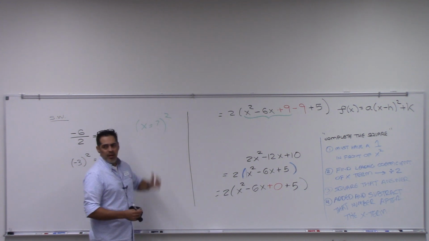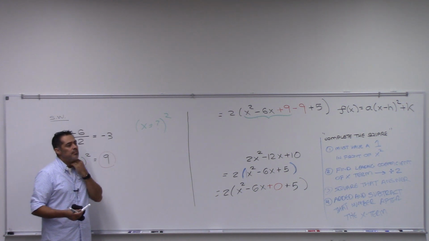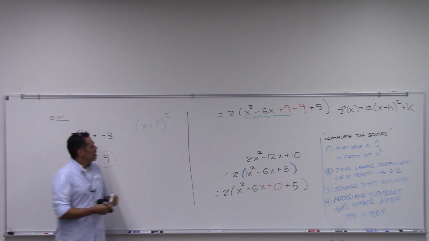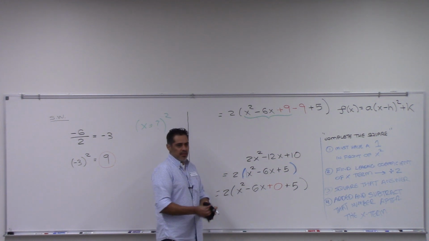Now, can anyone look at that and tell me what it is? It's x minus 3 squared. That's what this is. Now, if you don't see that, I have another way to help you with that.